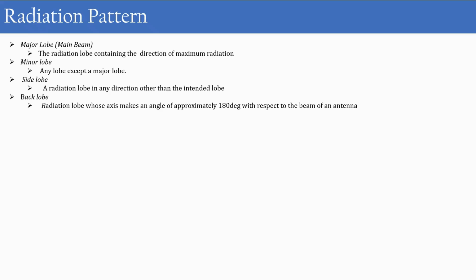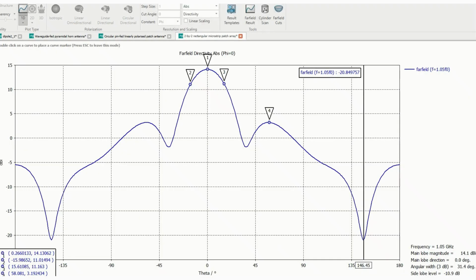So in our CST we can see how it is. I have taken a cut plane pattern here. So this is the major lobe. Here you can see that maximum power is occurring at this point, and it is given by 14.1 dB. That is the maximum power. And one more thing is half power beam width. This is the beam width where the power is reduced to half of the maximum value.